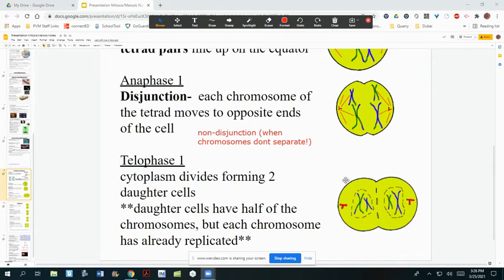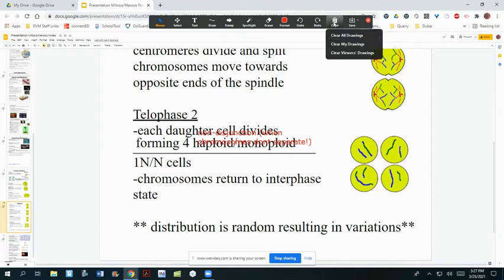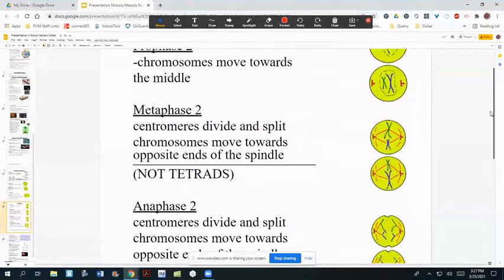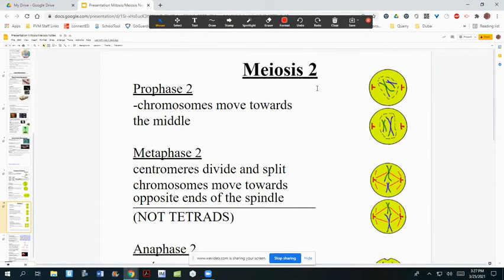Telophase is the first division. We discussed that earlier. The cytoplasm divides, you get 2 cells, but because they have full chromosomes, they've already got an original and a copy with it. It needs to separate again. That means there's going to be a second division. That brings us to meiosis 2.